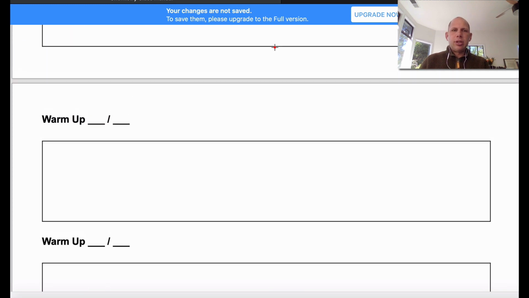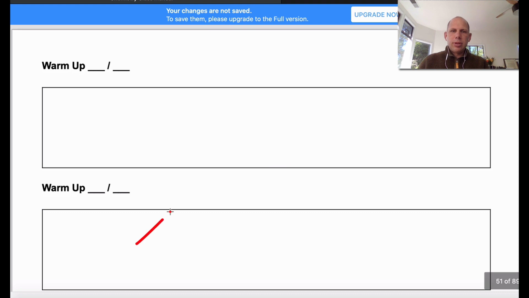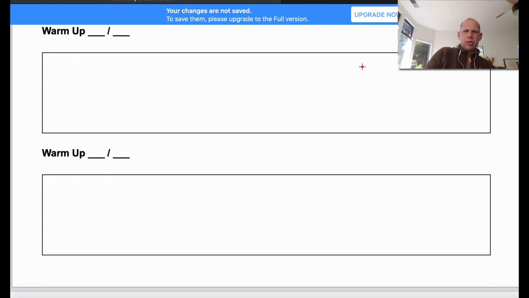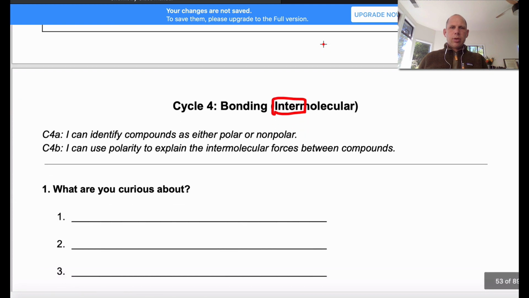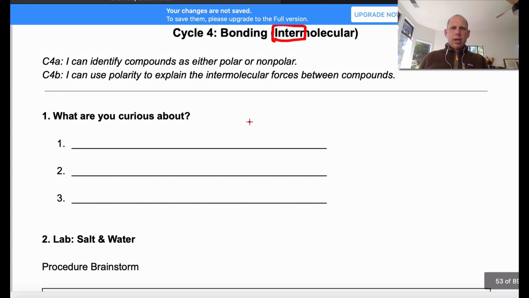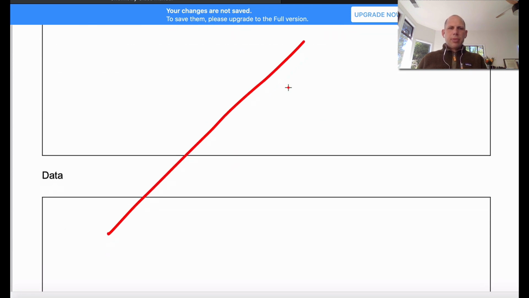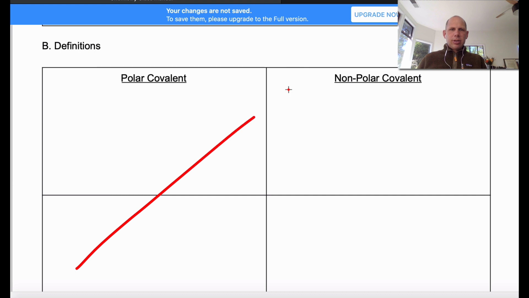So the first thing I want you to do is just go through and cross out all these warm-ups, okay? Not going to be using those pages. Okay, cross those out. I'm just having you cross this out because it makes me feel better. This makes me so sad. All right, cross that out.